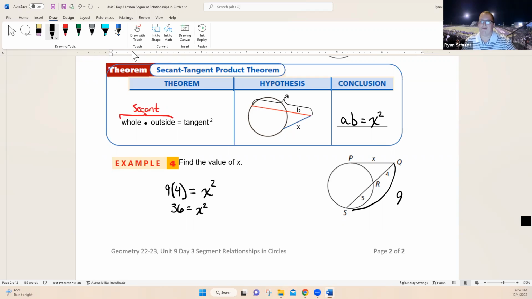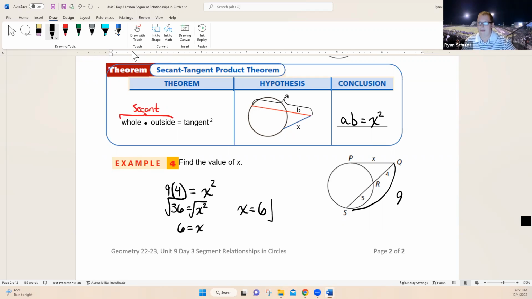And then how do I get rid of a square? Take the square root. So 6 equals x. That means x is equal to 6.